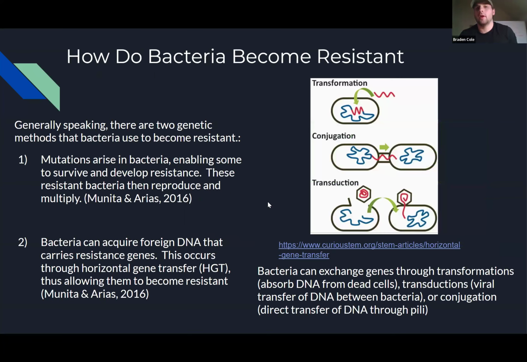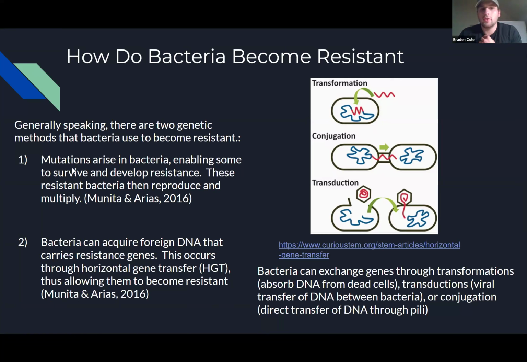Okay, and now the next topic is how do bacteria become resistant? Generally speaking, there are two genetic methods bacteria can use to become resistant to antibiotics. I believe I pulled these two methods from the NIH. I'll confirm that at the end in my works cited.